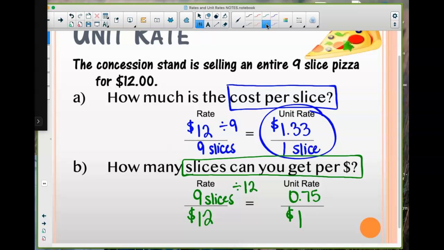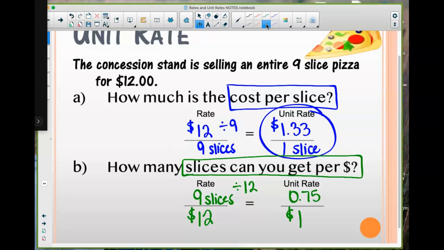How should I label that 0.75? What would be the label on that? It's got to either be slices or dollars. So what do you think? 0.75 what?